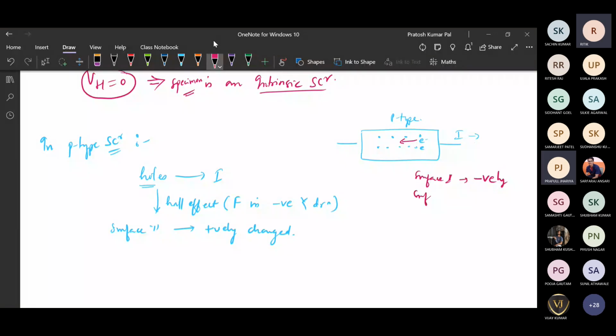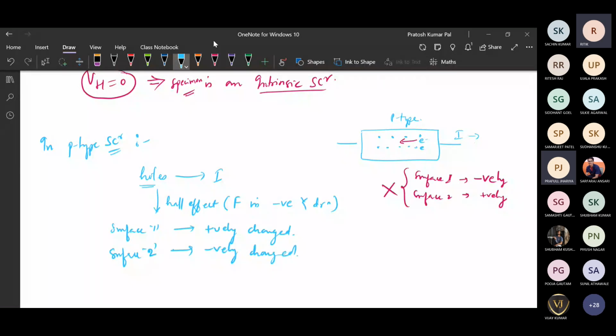Okay, but experimentally it has been found that this is not the case. Experimentally by using Hall effect, it has been observed that surface 1 is positively charged and surface 2 is negatively charged.